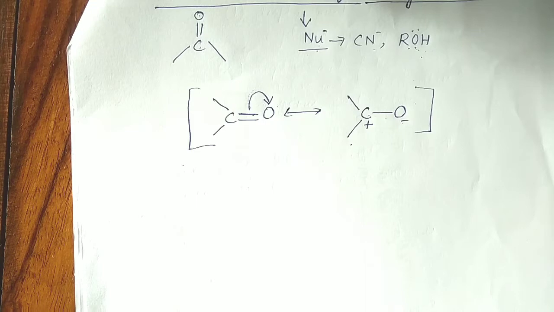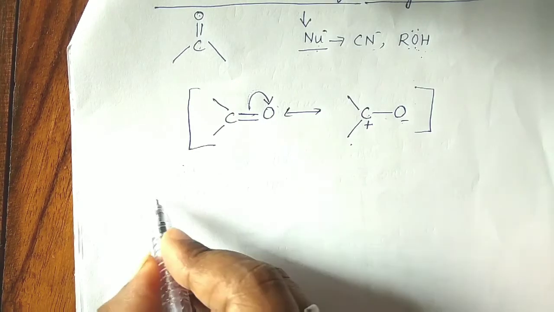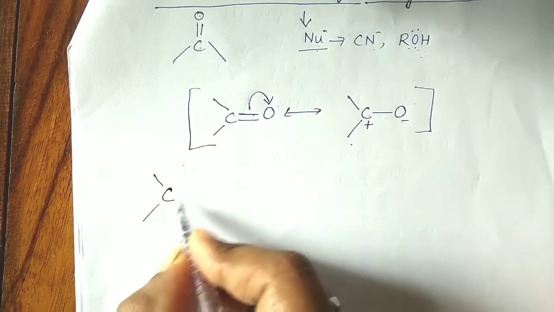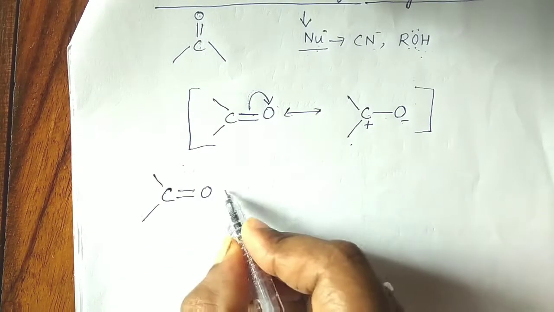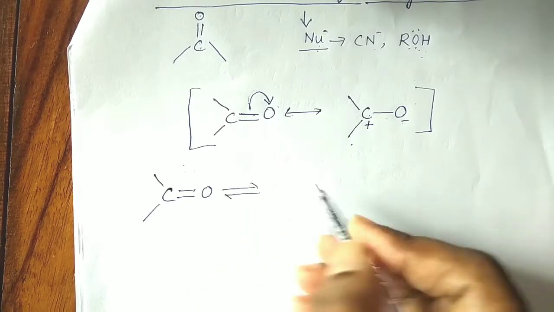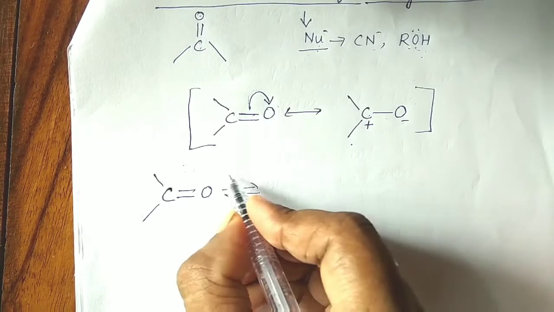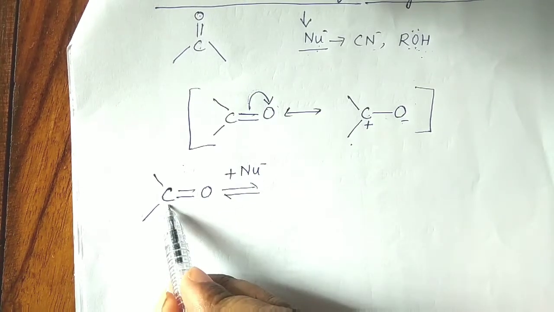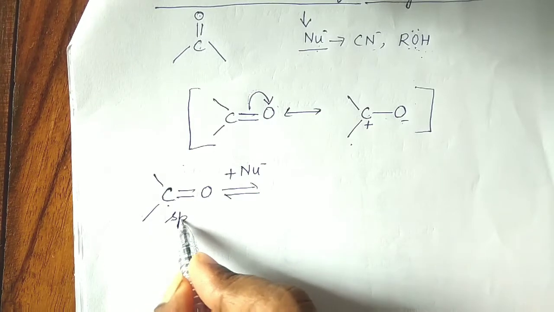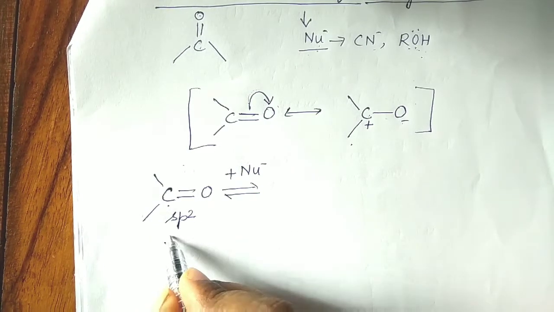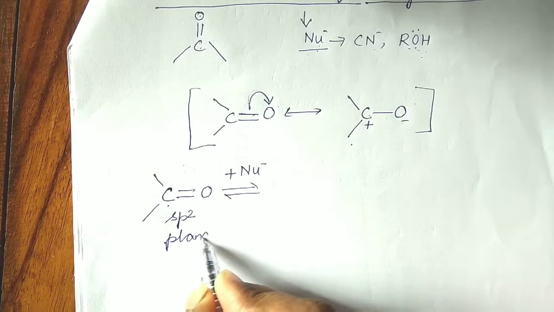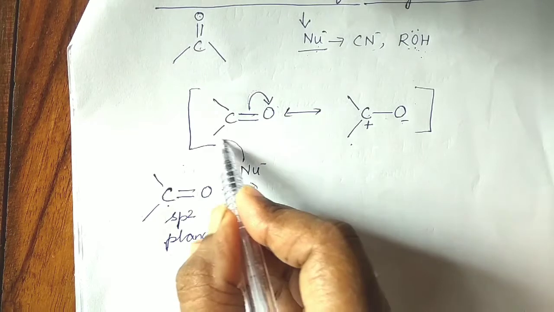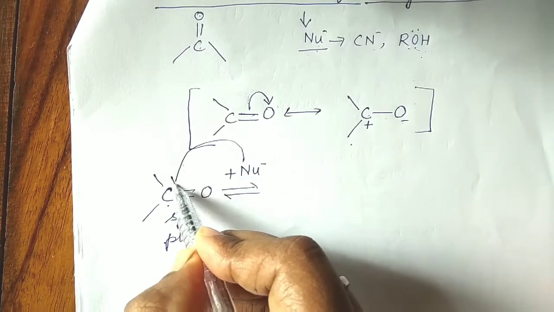Another thing that you have to keep in mind is that when the nucleophile addition is taking place, the first step is formation of the reaction intermediate. You know that carbonyl carbon is sp2 hybridized, and sp2 hybridized carbon has a planar structure. This nucleophile addition takes place almost perpendicular to the plane of the carbonyl carbon.